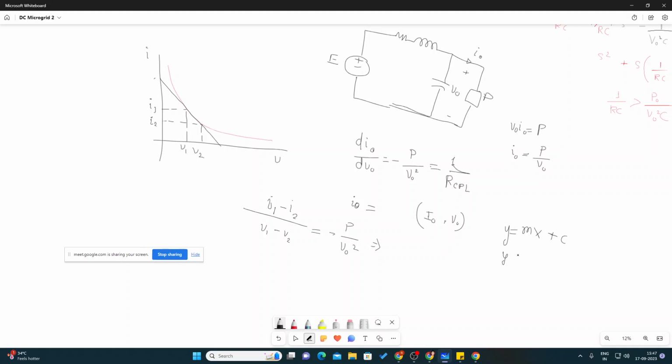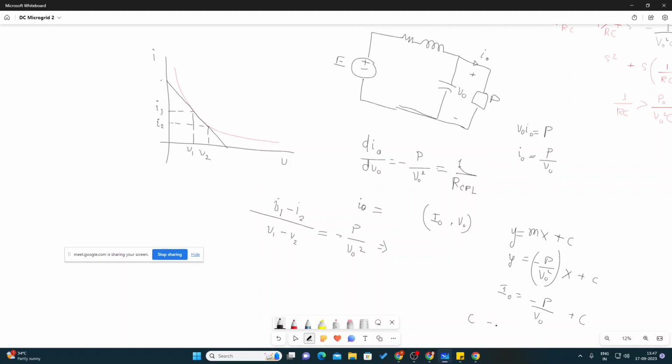I have the slope, which is minus p by v naught square. This is the slope x plus c, and to find out c, place I naught and v naught. So y will be capital I naught equals minus p by v naught plus c.